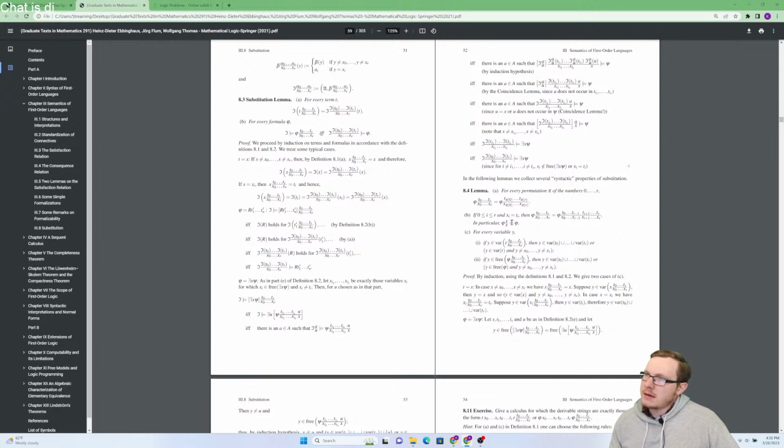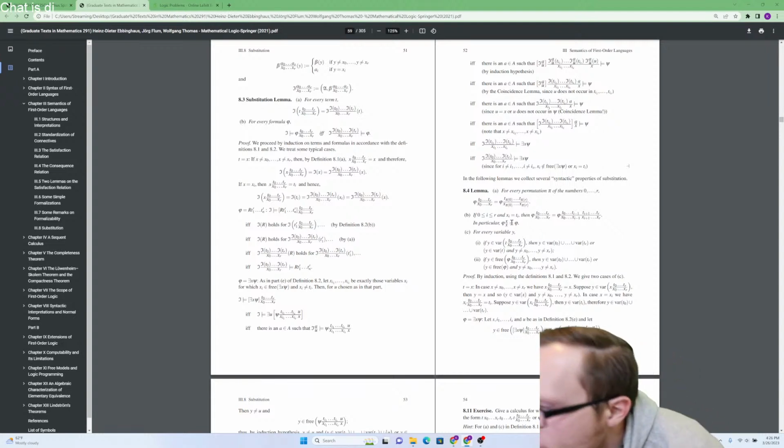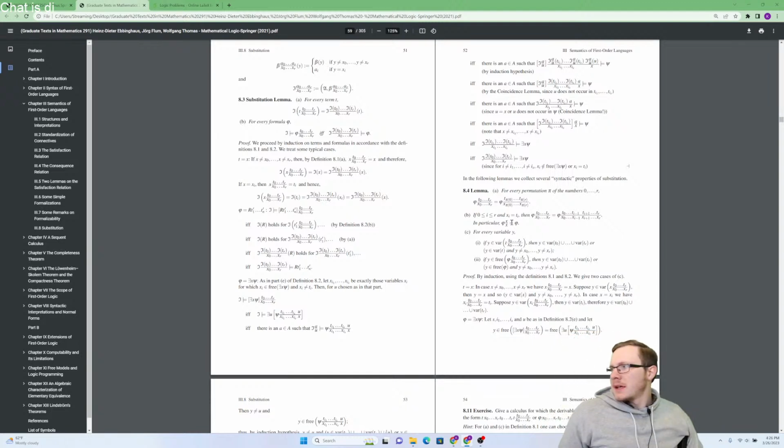In phi, where you're substituting x in for the terms, is equivalent to, if you insert a term in... wait, no, that's not what it's saying. Modi, stop it.